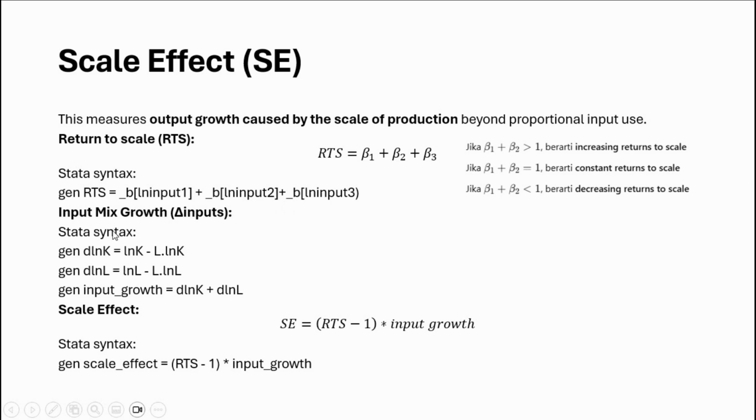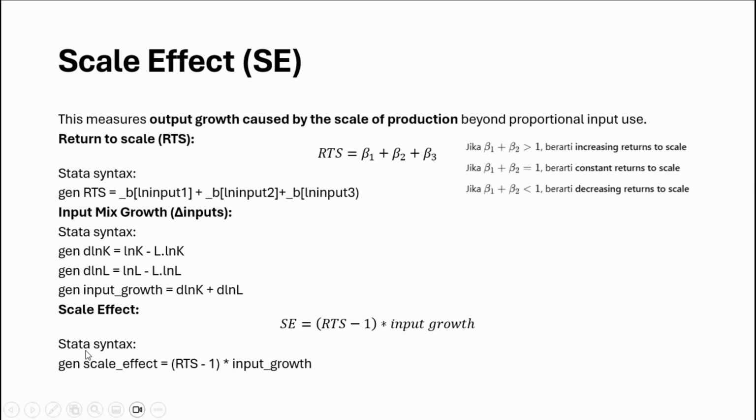And the second term is input mix growth, or delta input. We can get this in Stata by typing generate delta ln input equal ln input minus ln input of the last time, and then input growth equal delta input 1 plus delta input 2 and delta input 3 and so on.